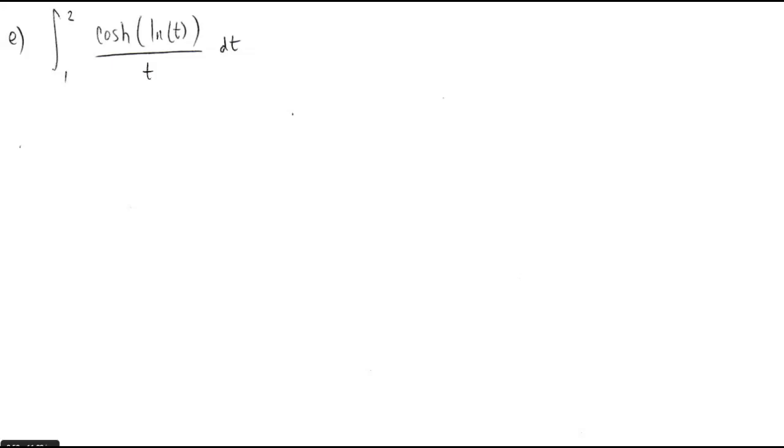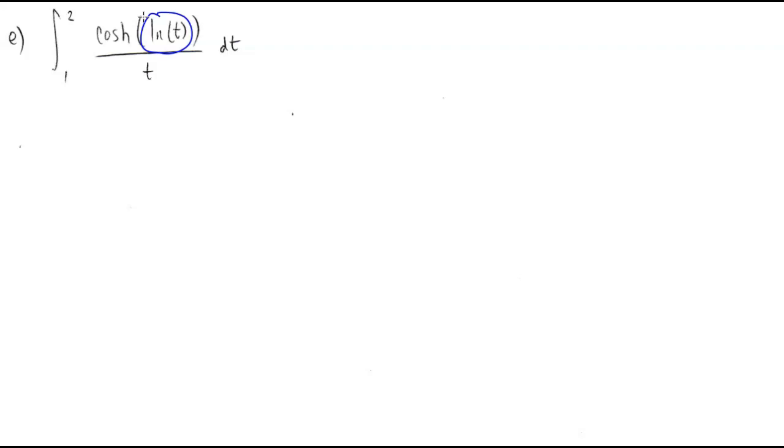And of course, we are trying to evaluate that definite integral from t is equal to 1 to t is equal to 2. What should jump out at us right now is that, of course, if we let natural log of t be our inside function and use that for u substitution, then the derivative of natural log of t is just going to be 1 over t dt.